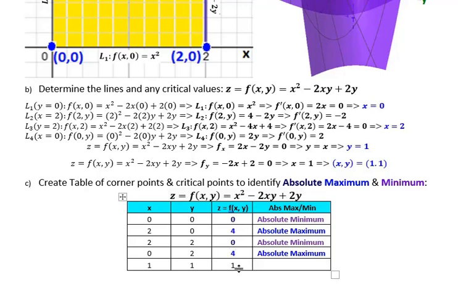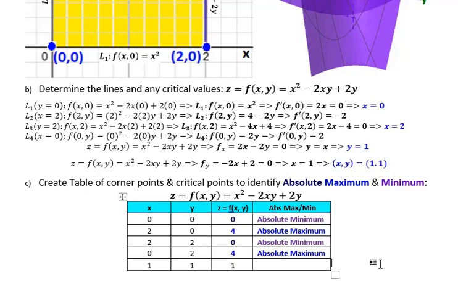Looking at the table, 4 is the maximum and 0 is the minimum. 4 is the absolute maximum and 0 is the absolute minimum, because those are the highest and the lowest values in the region.